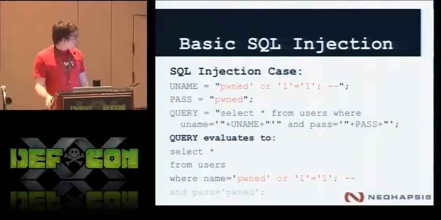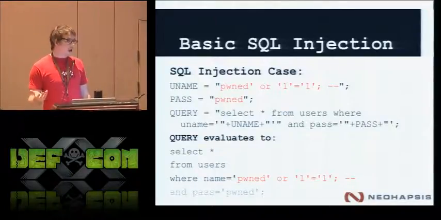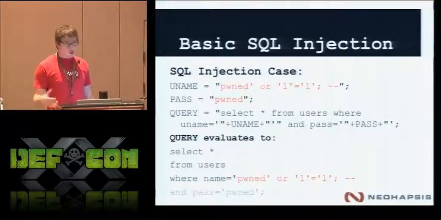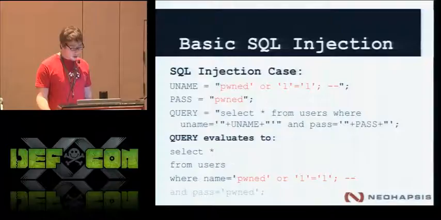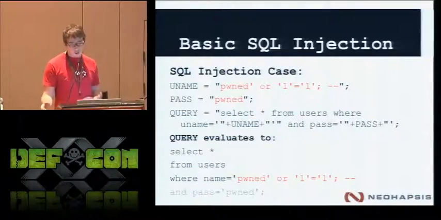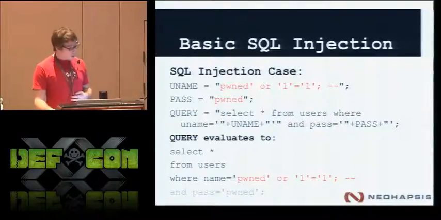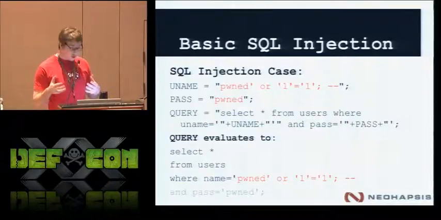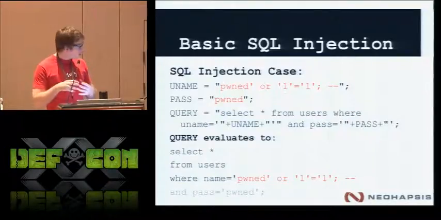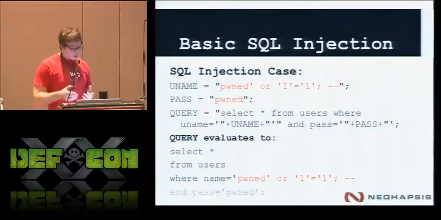We're inserting in the value uname, so we can imagine a web request, right? You're passing in parameters and whatnot. So we have the username parameter and the password parameter, and we're going to go ahead and pass in pwned, tick, or 1 equal 1. There's a typo there. And basically, when you look down at the way the query evaluates, you see that it breaks us out of the way that the query looks.